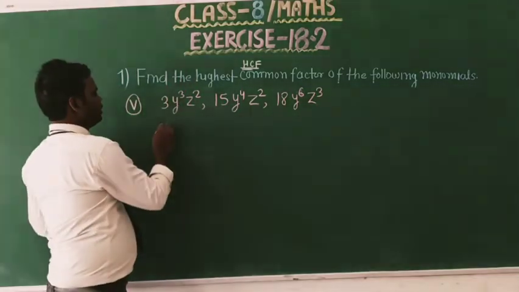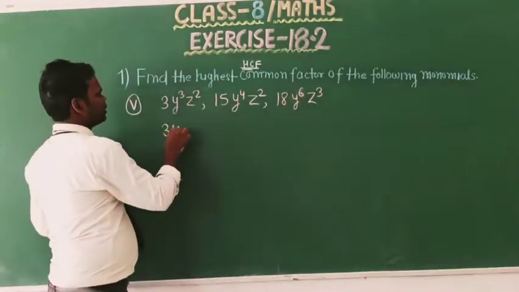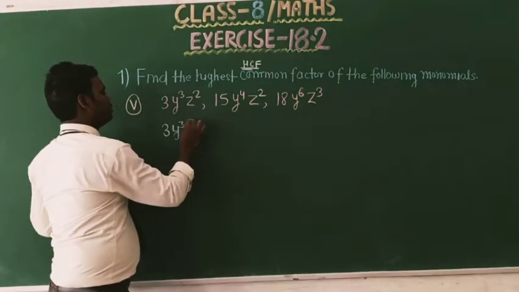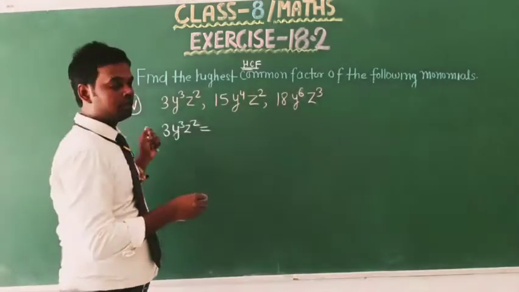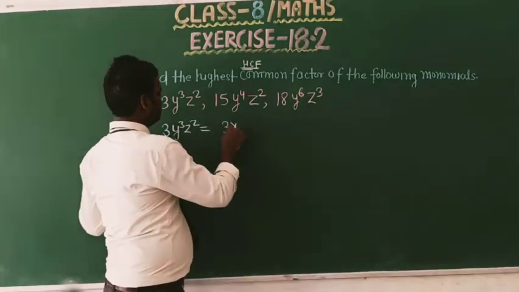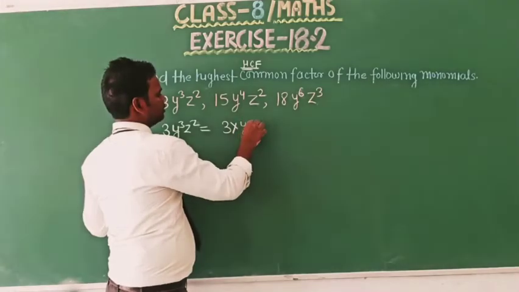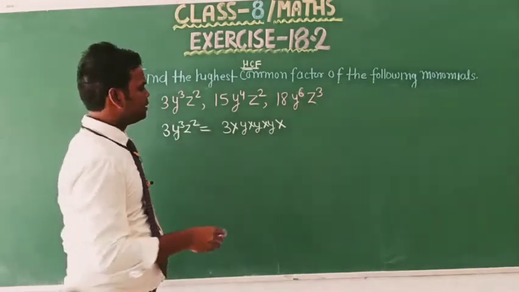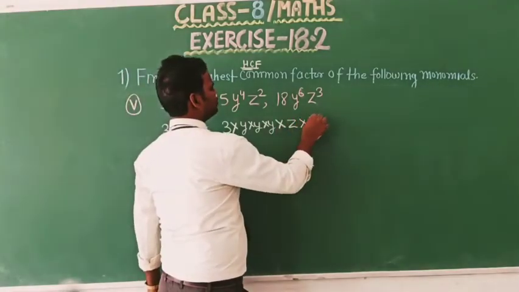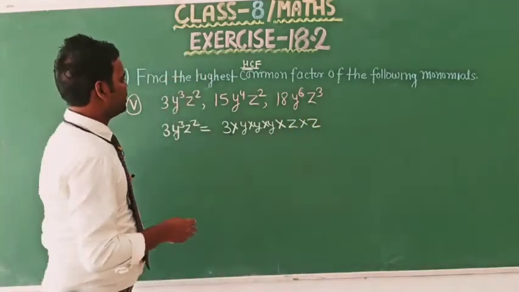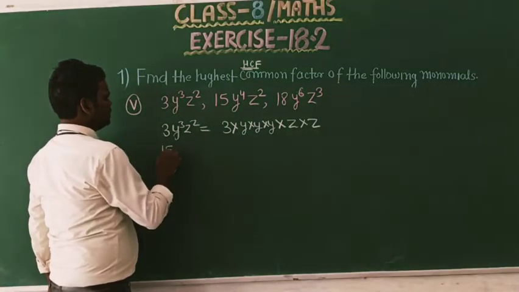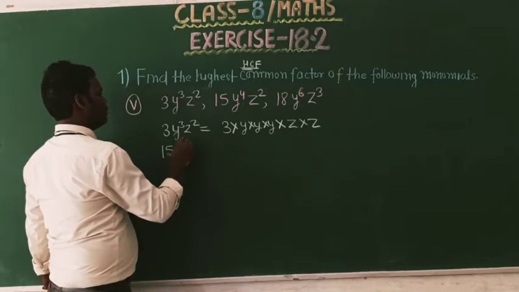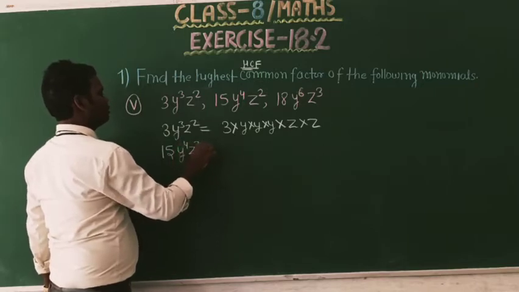The first expression, 3y to the power 3 z square, is written as the product of 3 into y into y into y, and 2 times z, z into z. The second expression is 15y to the power 4 z square.